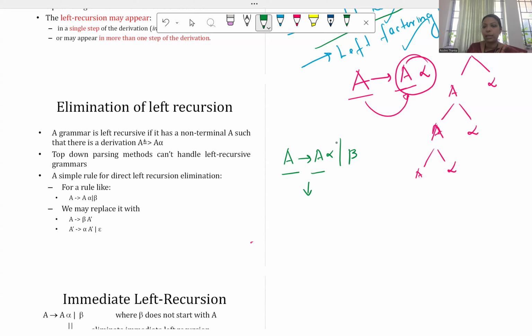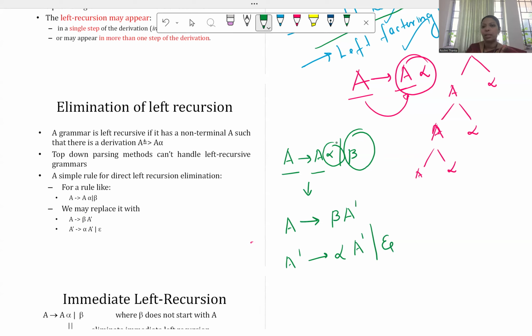So how will you eliminate the left recursion out of this production? Write A tends to take the other production which is not starting with A. So here this beta, introduce a new non-terminal variable, and then that A dash tends to take the other symbols, here it is alpha, followed by this A dash, and introduce one new production epsilon.